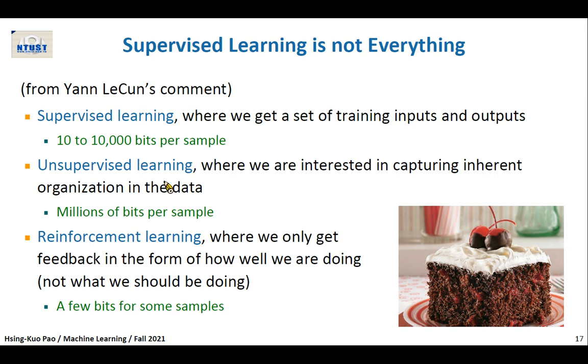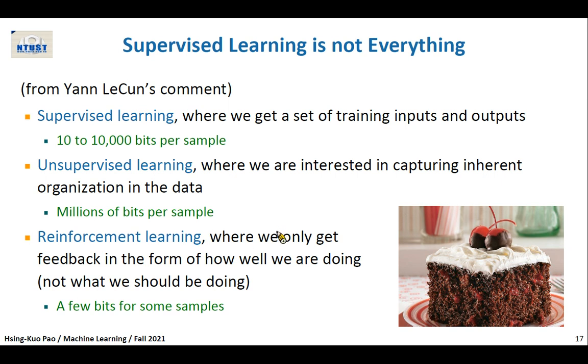But in unsupervised learning, we pay attention to X, the attributes. There will be a lot of them, millions of them, a lot of information. So he asked why we should focus on a small piece of information and forget about a lot of information. That was his comment.